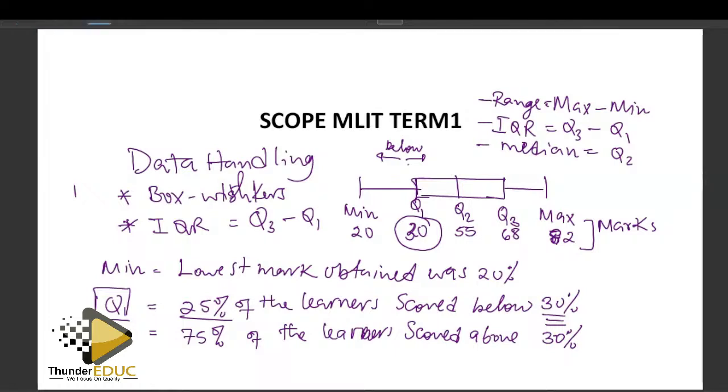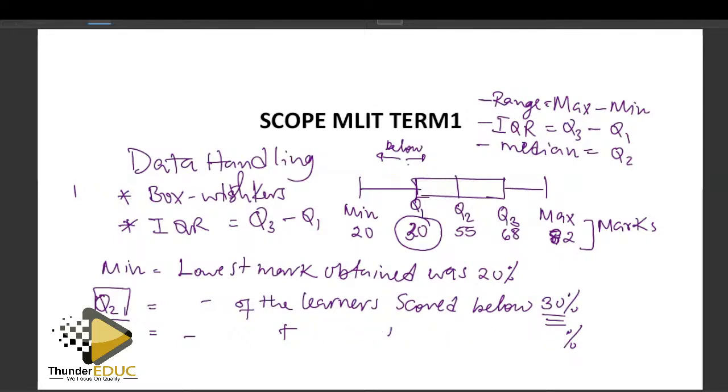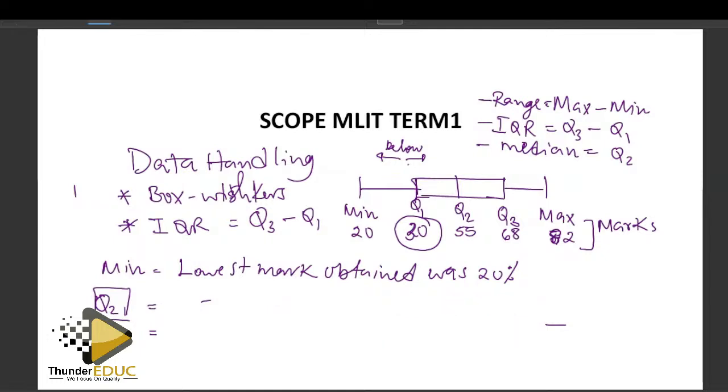We are looking at Q2. The percentage has to change. Remember, Q2 is the median, and the median is 50%.